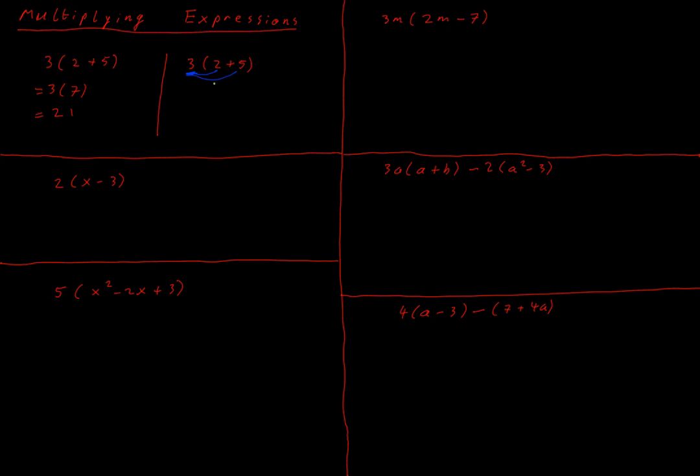So I have my blue arrows, my blue lines that are going to point me towards what I'm going to multiply. So this is going to become 3 by 2 plus 3 by 5. And when I get that, I get 6 plus 15 is equal to 21.